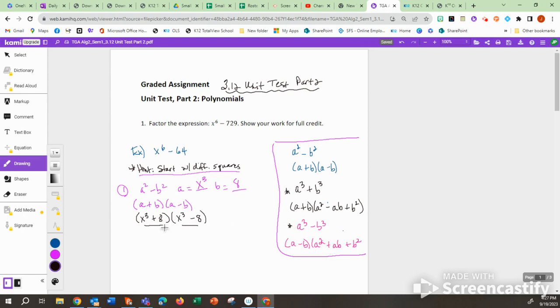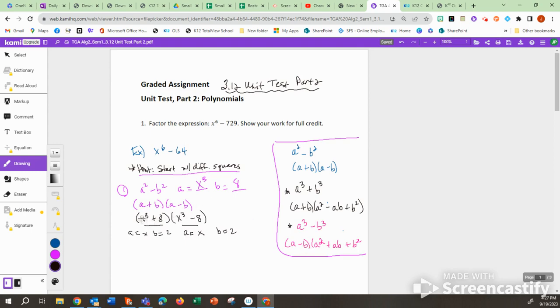I am going to have to determine my A and my B. For both of these, A is going to be x and B is going to be 2, because you're doing the cube root of x cubed to get your A and the cube root of 8 to get your B. The cube root of x cubed is x, so x is A. The cube root of 8 is 2, so B is 2.